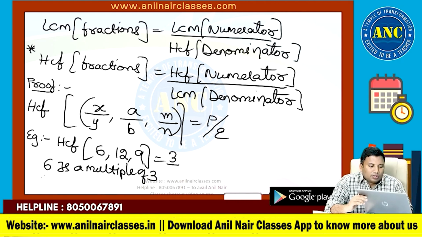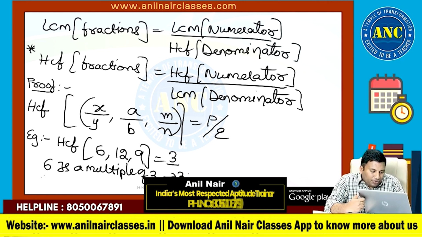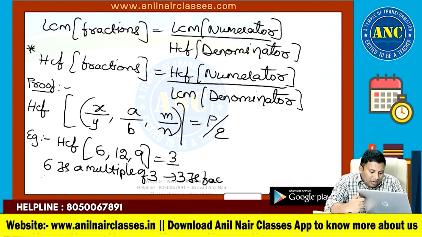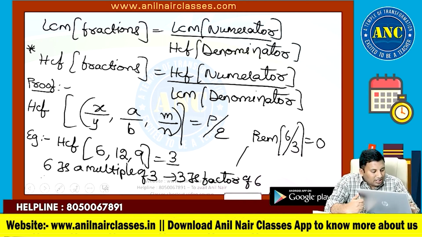Am I right? Or in other words, 3 is a factor of 6. That means the remainder when 6 is divided by 3 is 0.